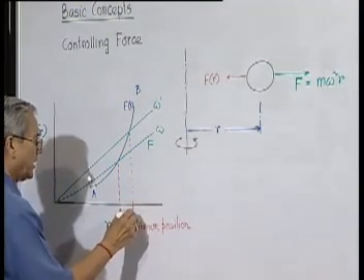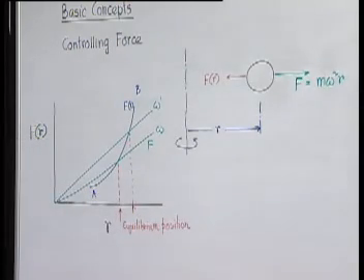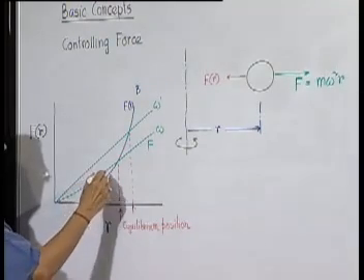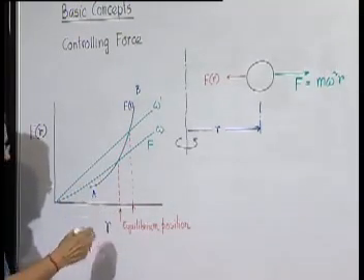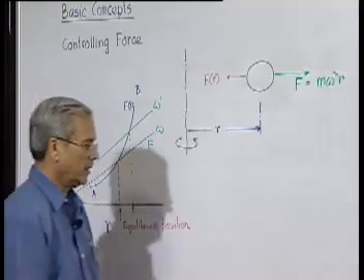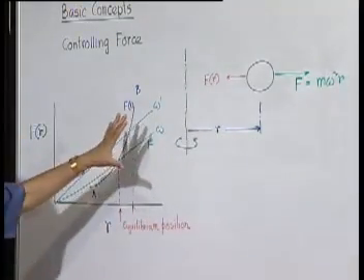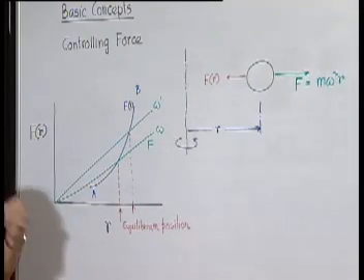So it will now operate at r prime. If the speed reduces, the radius will definitely come down.